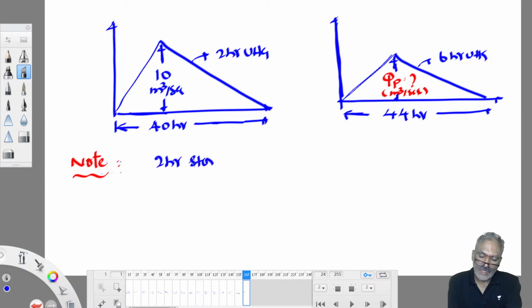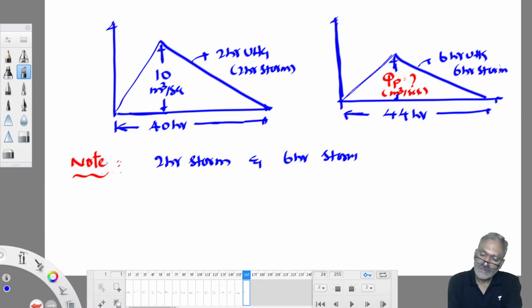This represents the 2-hour storm and this represents the 6-hour storm, these hydrographs, at different time periods.